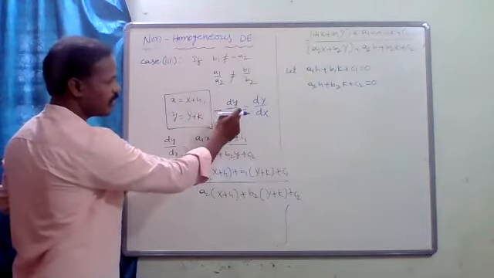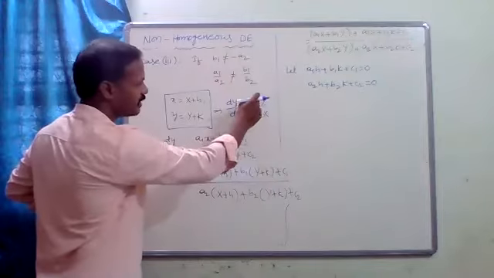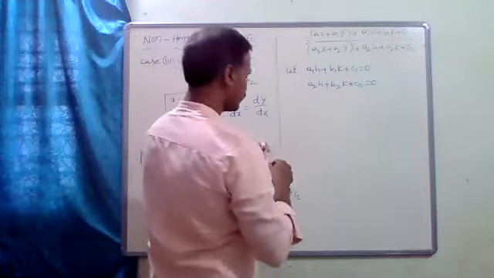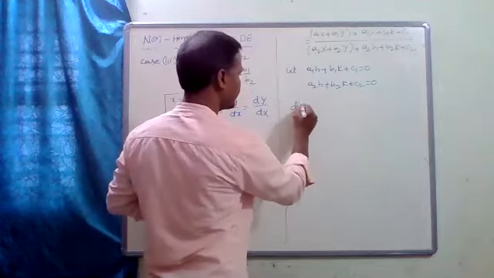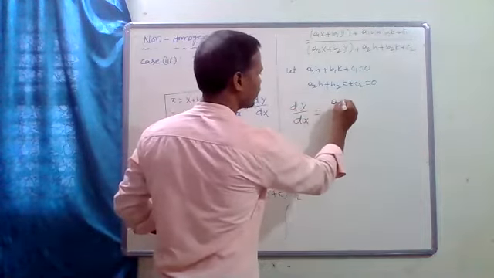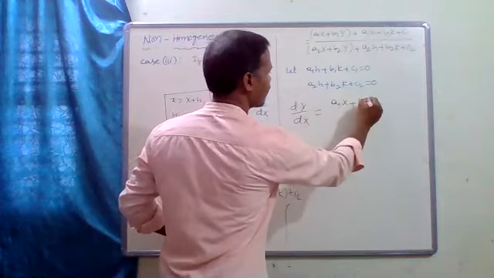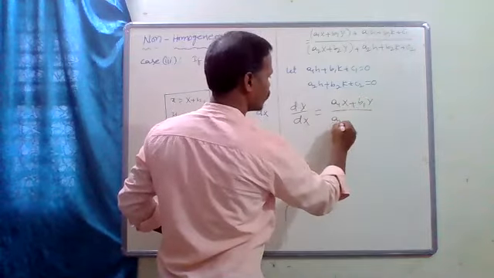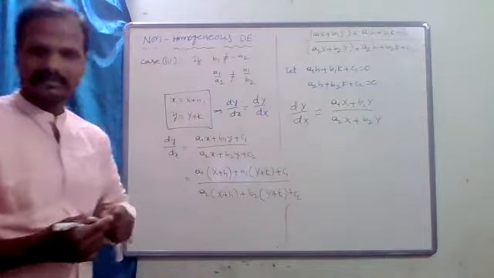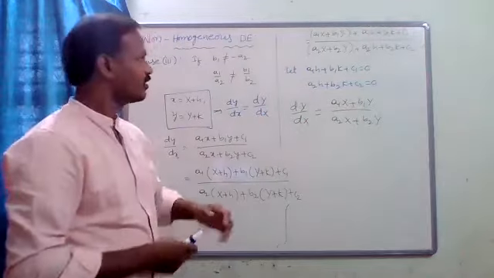So small dy by dx equals dY by dX. So the equation converted to dY by dX equal to (a1X plus b1Y) by (a2X plus b2Y).